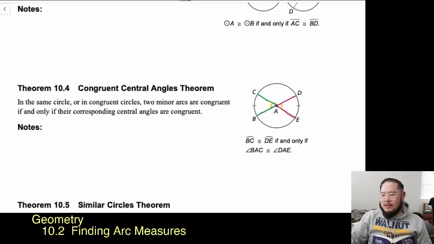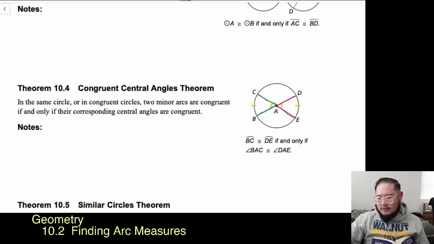So because the central angles are congruent, that means that arc DE and arc CB will be congruent as well. We could also say right here arc CD and arc BE are congruent because those are vertical angles as well, and those are the arcs opposite of the central angle. All right, so congruent central angles theorem.